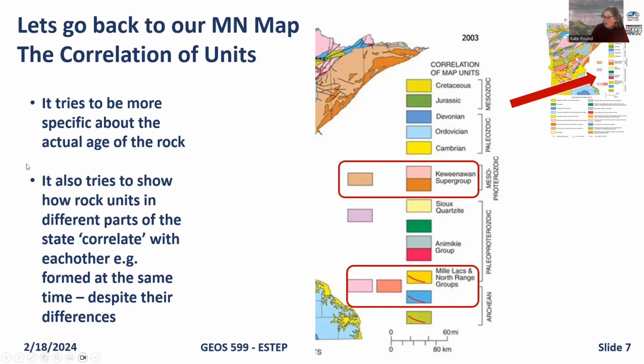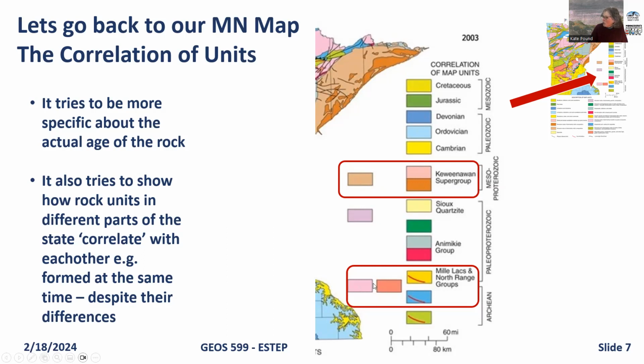And as I mentioned before, it also tries to show how the rock units in different parts of the state correlate with each other. So here you can see this brown color on the map is designated as correlating with the Keweenawan supergroup, but it's most likely farther to the west.